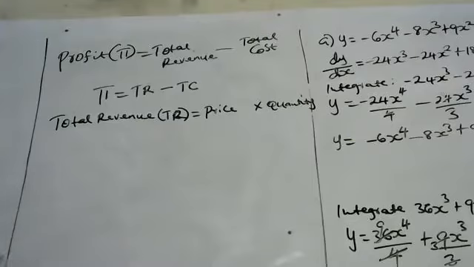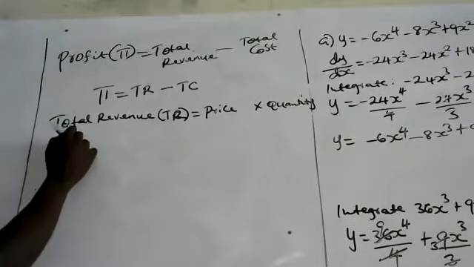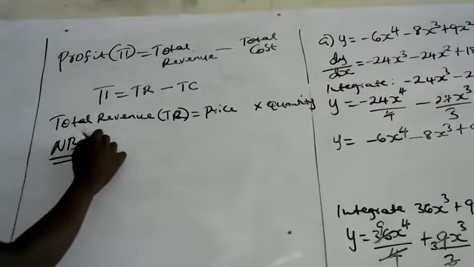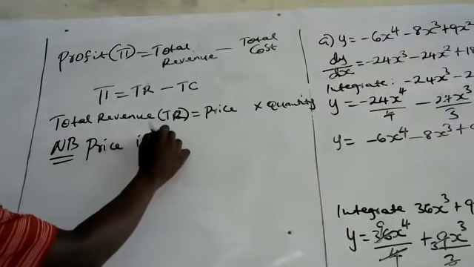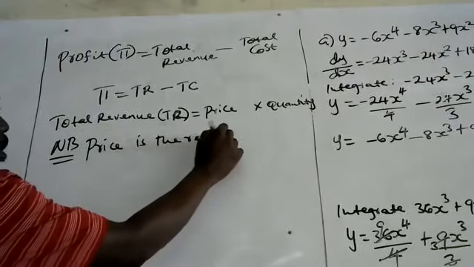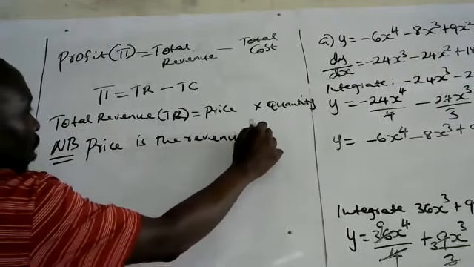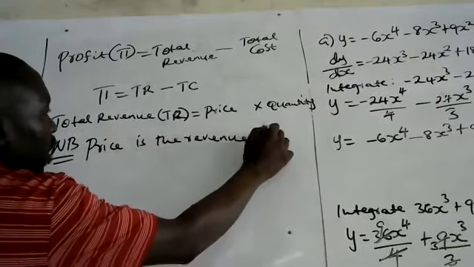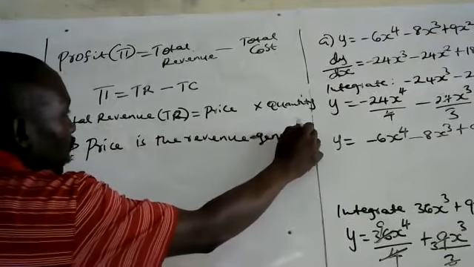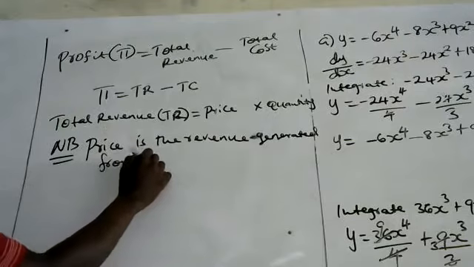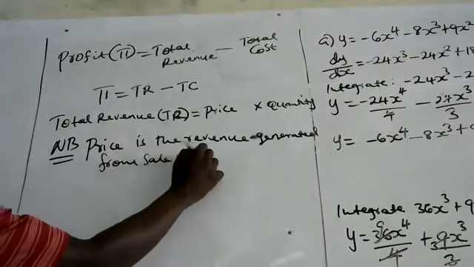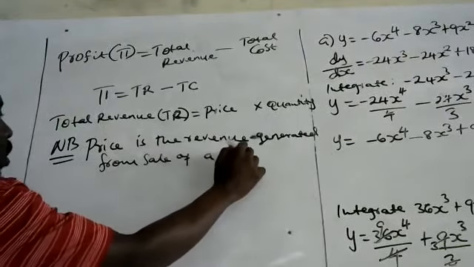And then also, price is the revenue generated from sale of a single unit.